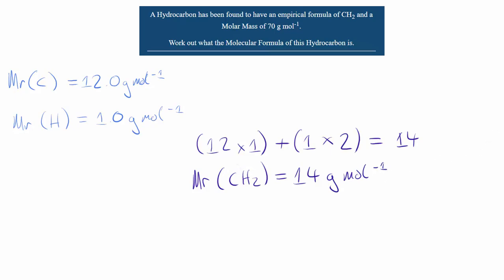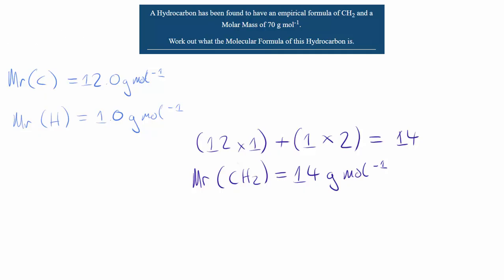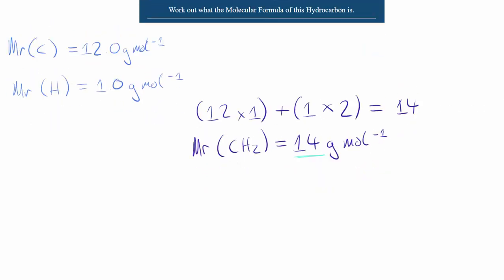Okay, so what do we need to do with that? We've been told in our question that the molar mass of the molecule we're looking for is 70 grams per mole. Of course, this 14 is not 70, and so we need to find a multiplier. What do we need to multiply 14 by to get to 70? The straightforward way to work this out is to divide 70 by 14.